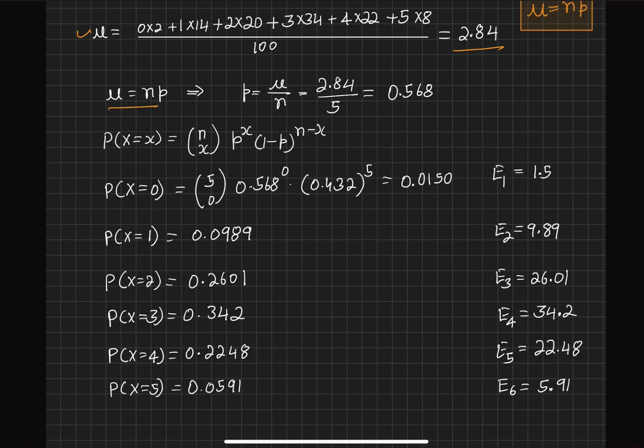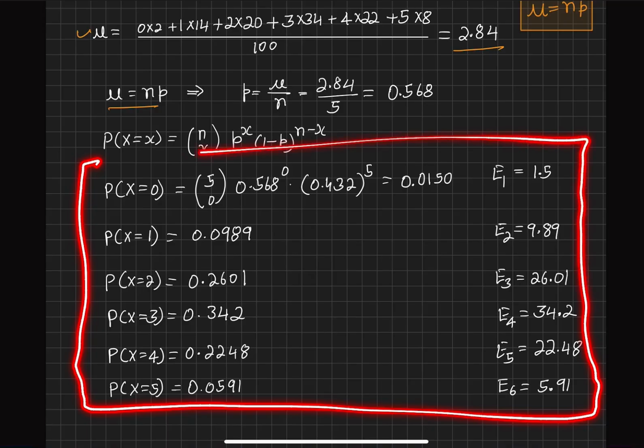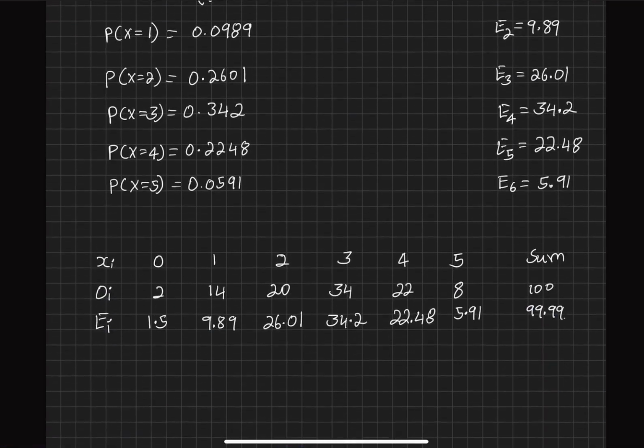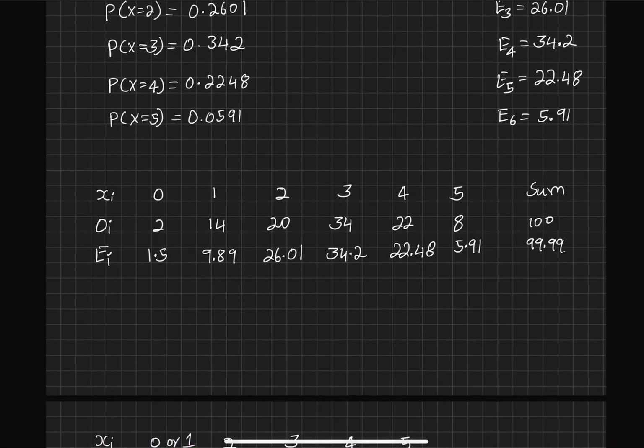and corresponding to x equal to 0 to 5, I have determined the probability of success and the corresponding expected value. I have just listed the obtained values and expected values here. You can observe here the sum of the obtained values is 100, but the sum of the expected values is 99.99. So as I have to make a rearrangement, I have to add 0.01 somewhere.